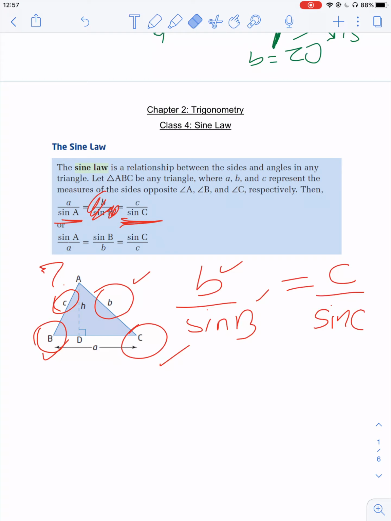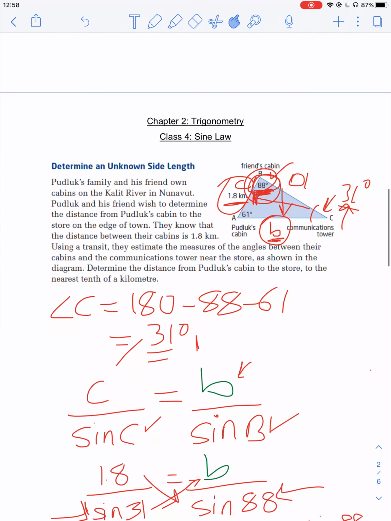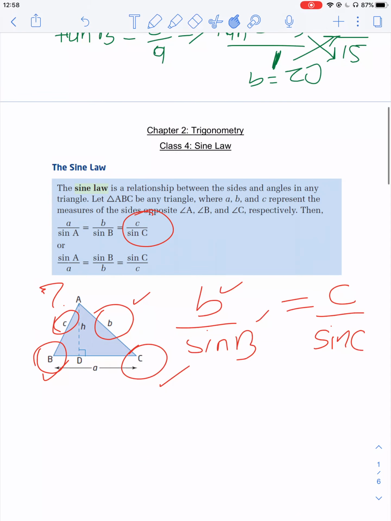So how do you know what ratio you will use? Like I said, you need to know the angle and the side opposite to that angle. Once you have that information, use that ratio. In our case, I think it was C and sine C. You start with this piece of information and then go with whatever is given to you.